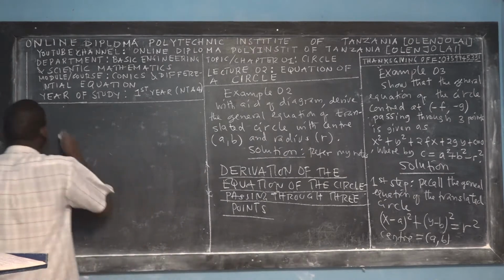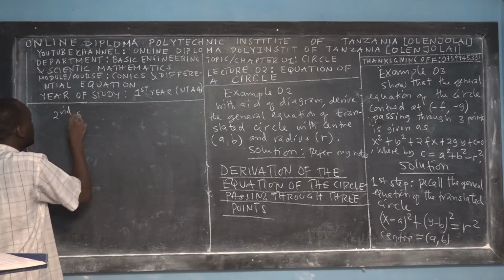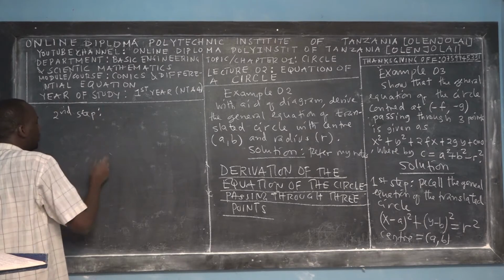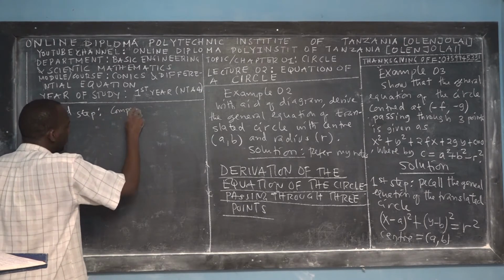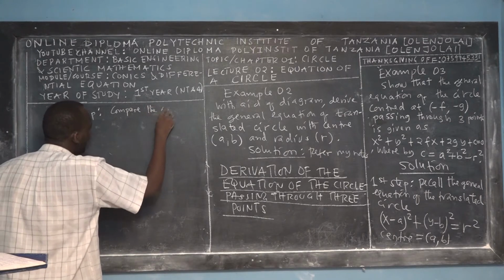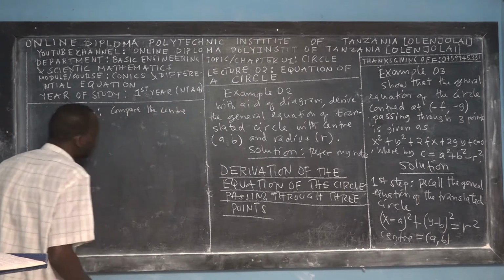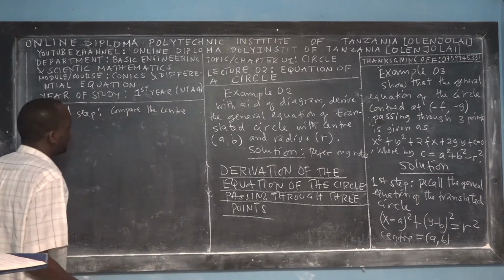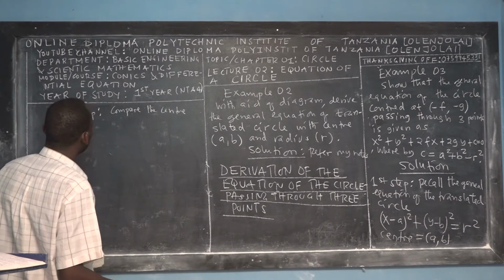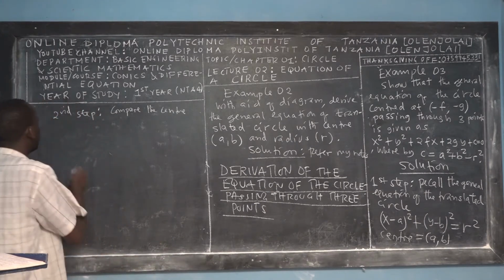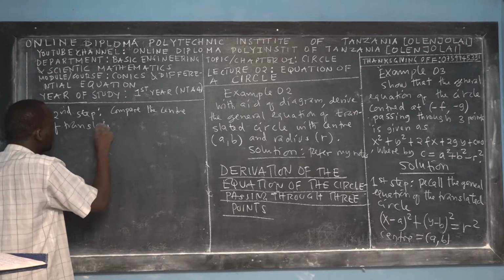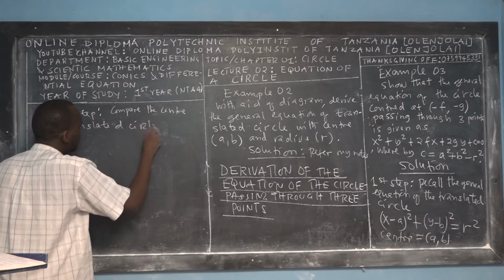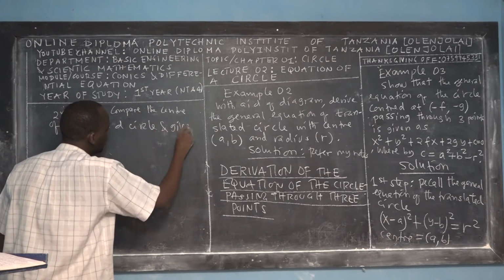So, second step: compare the center of the translated circle and the given circle.